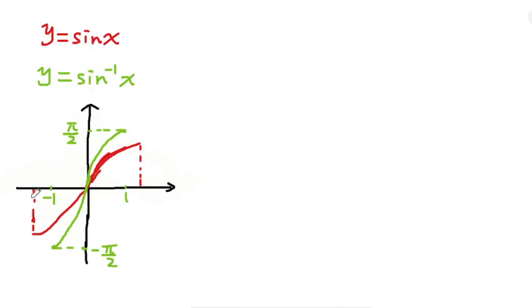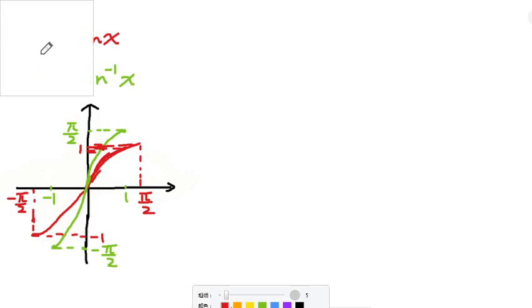For the sine function, the y value is minus 1 to 1, and x goes from minus pi half to pi half. What is the relation between the green and the red curves?